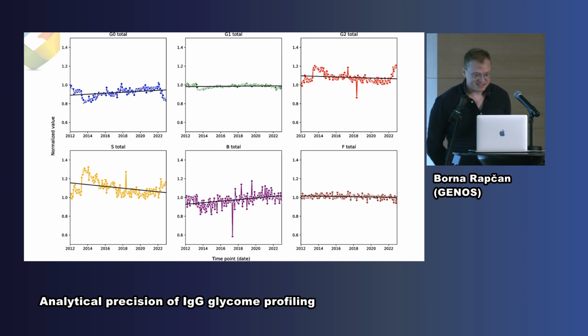This is similarly followed for S, like G2, and for B. What we knew from this is that this professor made some kind of intervention to try and lower his biological age. We don't know the nature of this intervention, but we can clearly see in the glycome that it happened, especially because the trend keeps being the same, but you can see a great increase or decrease depending on the trait you are looking into.